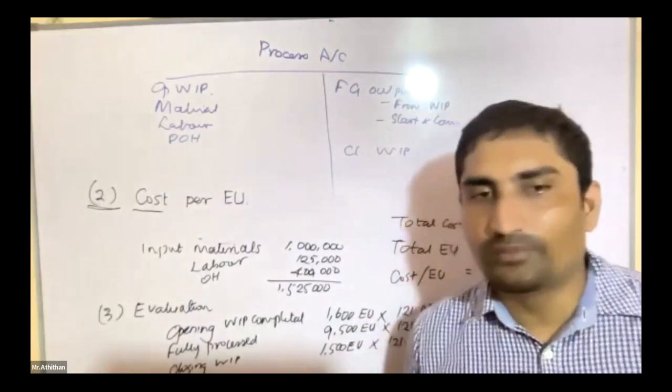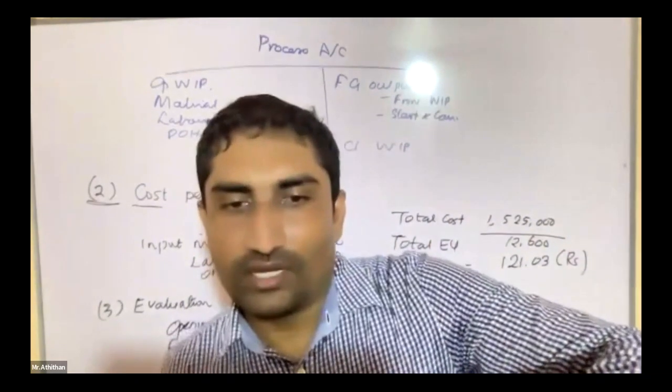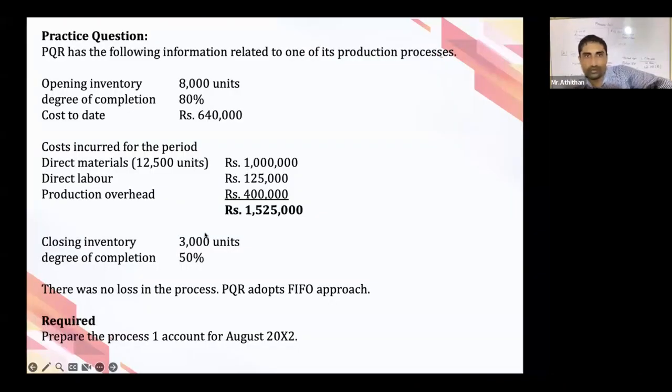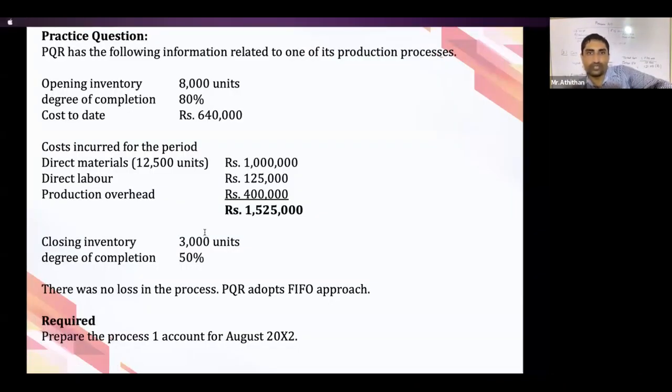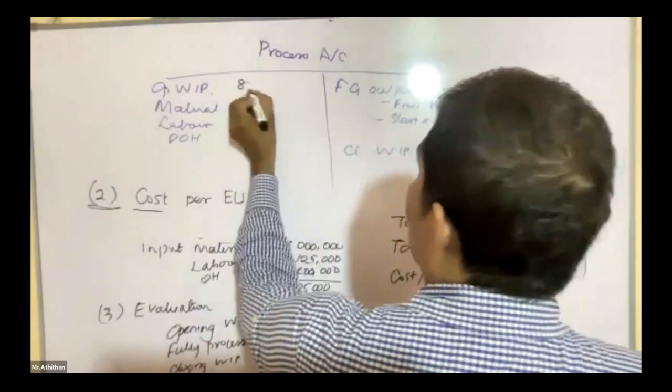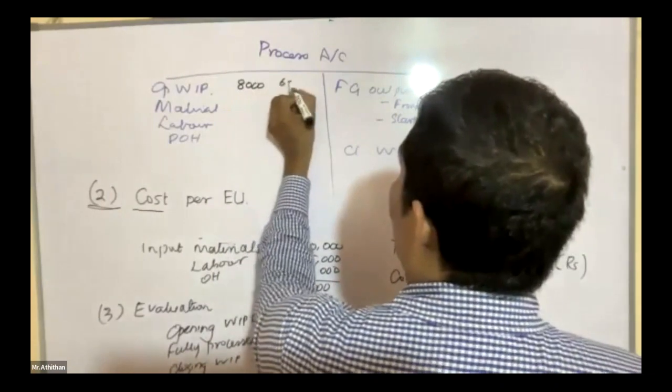Opening WIP we will take from the accounts. How much? 640,000. 8,000 units, 640,000.